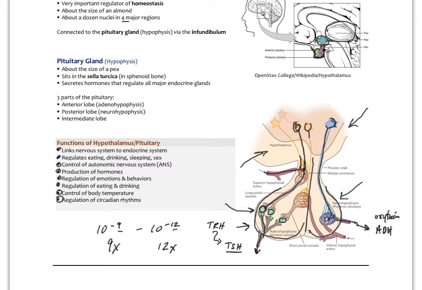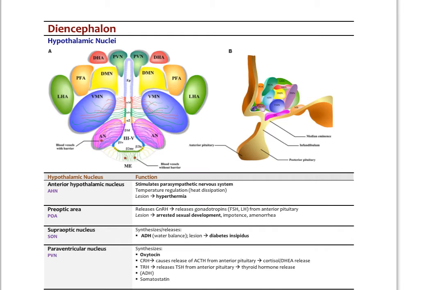In the next slide, I'll just show you some of the major nuclei that we find in the hypothalamus. So here's a picture, cross-section of the major hypothalamic nuclei. Again, I'm not going to ask you to memorize all these, but you should know a little bit about what they do and their major function. So very roughly, we can divide it into anterior, posterior, and then medial and lateral.